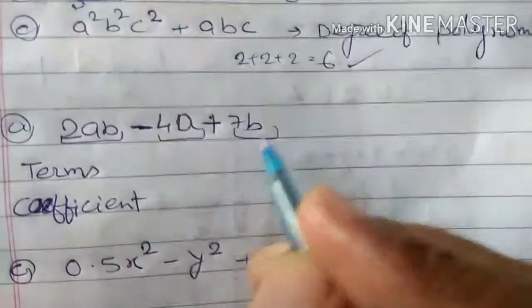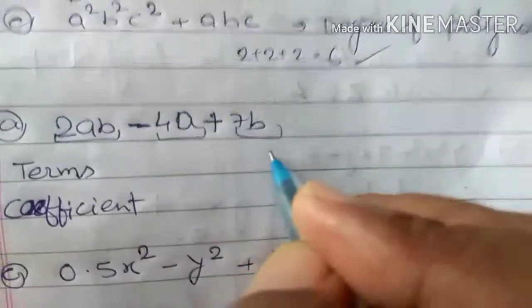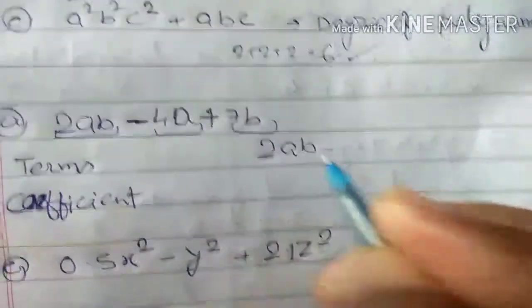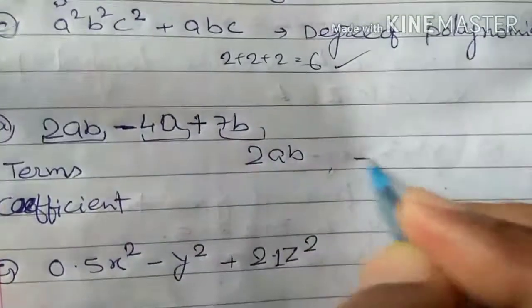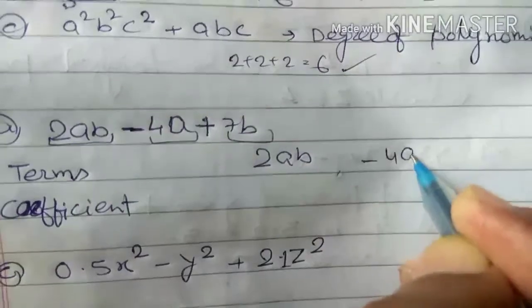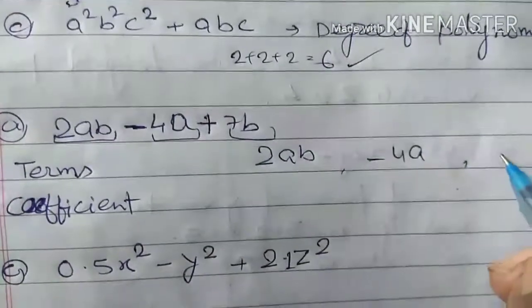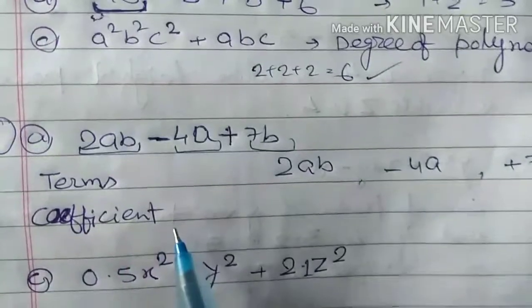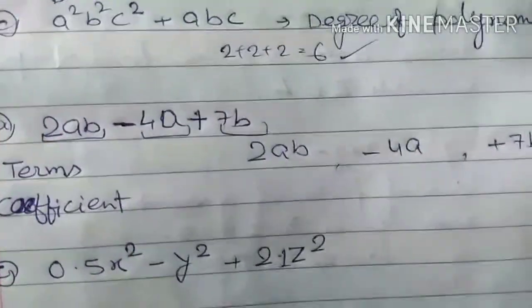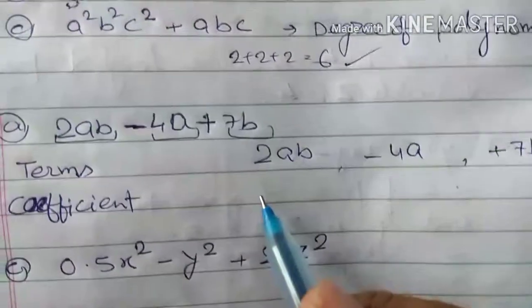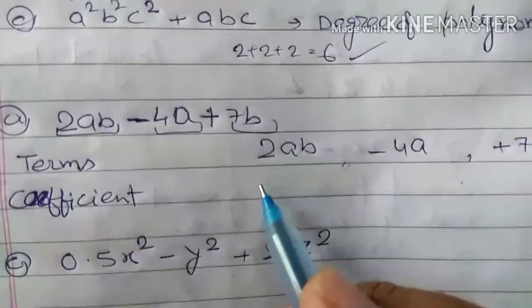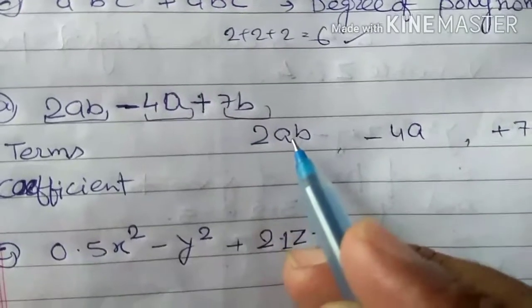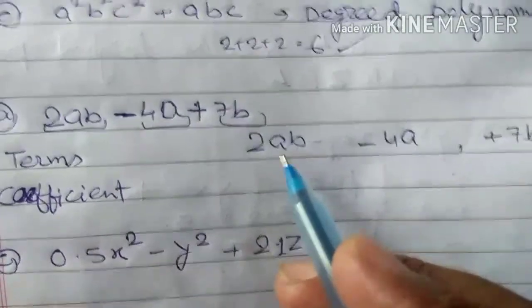So we have to write the terms with sign, which are 2ab, the other term is minus 4a, and the final term is plus 7b. A coefficient means the numeric factor of any variable, with sign.